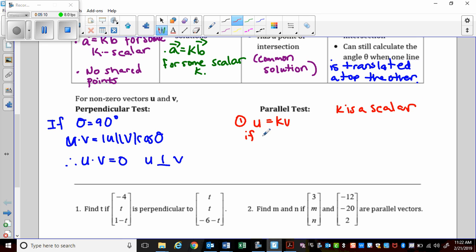If theta equals 0 degrees or 180 degrees, u dot v, the dot product, is equal to the magnitude of u, magnitude of v, cosine of theta.